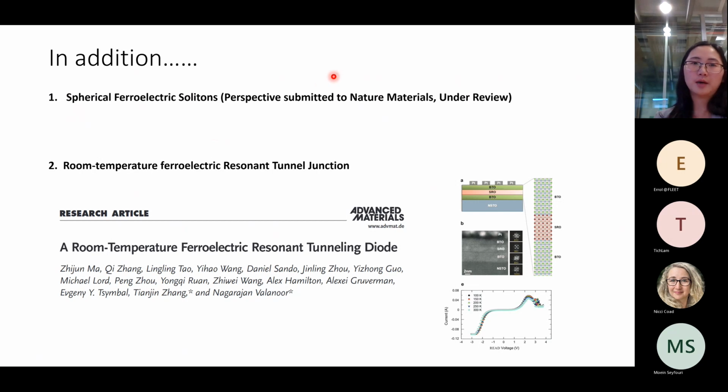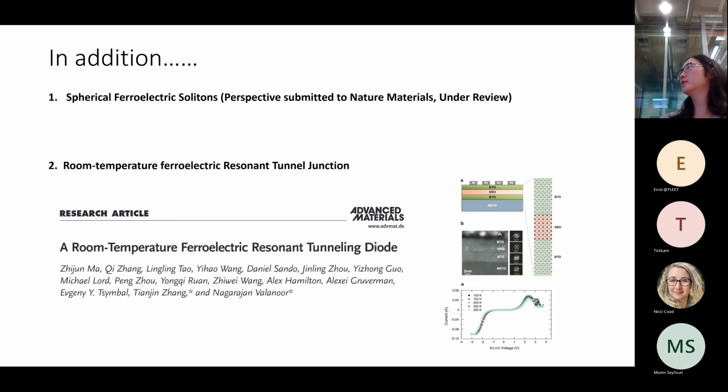In this perspective, we gave a very thorough summary of three typical ferroelectric topological solitons: the skyrmions, bubbles, and another one called Hopfions. Also, this year we published one paper on the room temperature ferroelectric resonant tunneling junction.